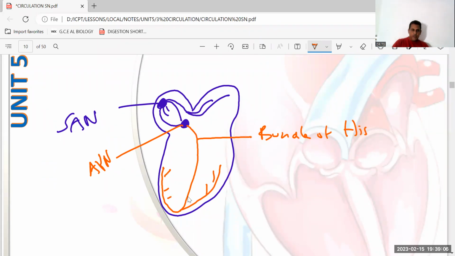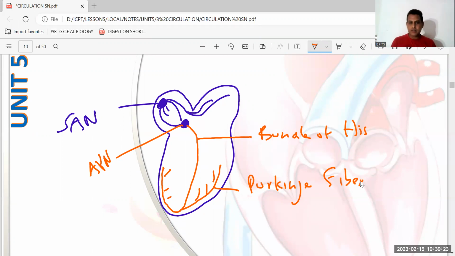This line is called the bundle of His, and these branches are called Purkinje fibers. It's a completely different circuit attached to the AV node, and then the signal goes to the ventricles.